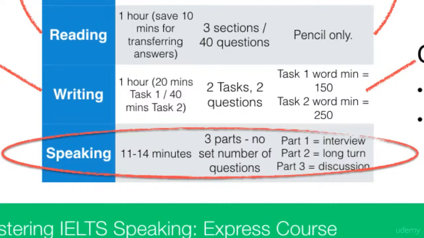Part 2 is called the long turn or the talk, and this can take about 3 or 4 minutes. And part 3 is called the discussion, and this again takes about 3 or 4 to 5 minutes. They're roughly about the same length for each part of the test here. Don't worry about each individual part.